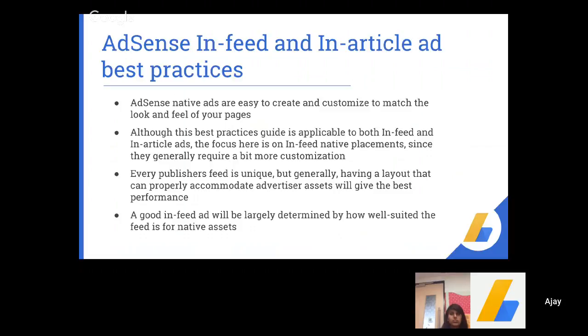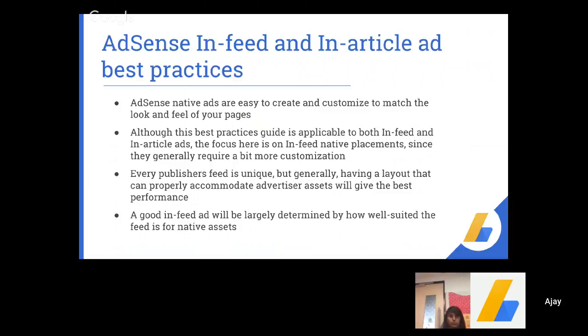We understand that every publisher's feed is very unique, but generally having a layout that can properly accommodate advertiser assets will give you the best performance. So make sure that you are thinking about how an advertiser would want their ad to look in your feed, and take that into consideration when you're making it, because this will go a long way in determining your performance. A good in-feed ad will be largely determined by how well suited the feed is for the native asset.